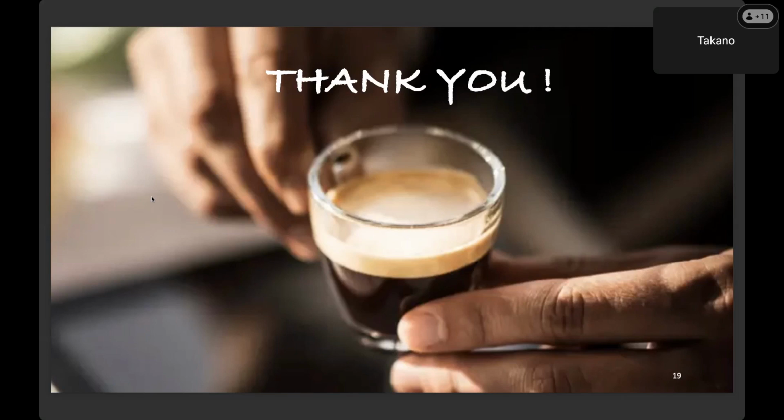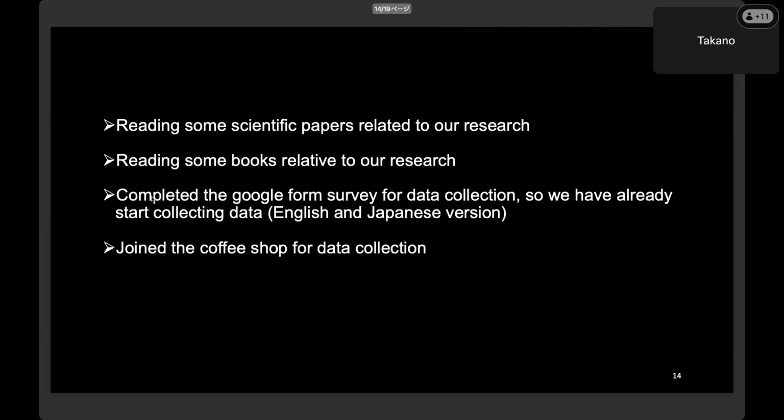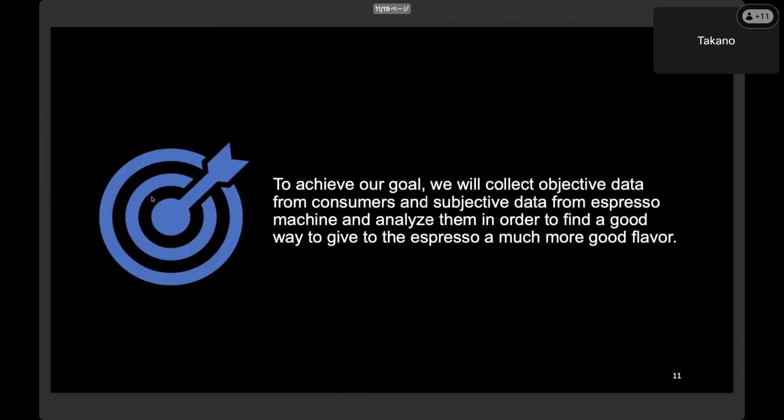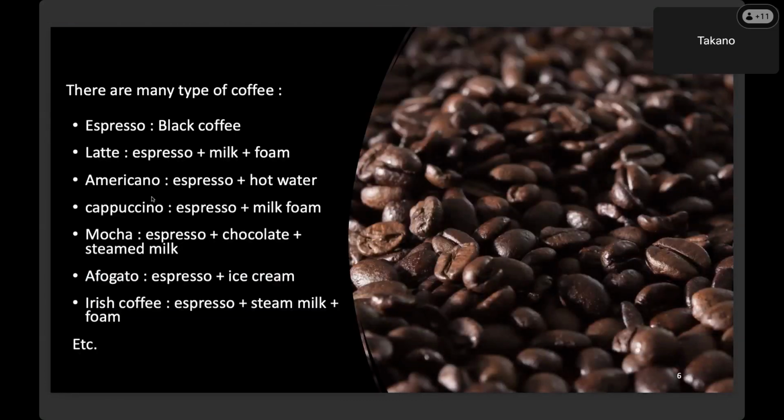Actually, as I showed in the example here, we have some types of coffee. The value is that we will try to improve the taste of coffee, espresso coffee, because sometimes we find that espresso has a bitter taste, because you cannot add any composition like milk or sugar to normal espresso.